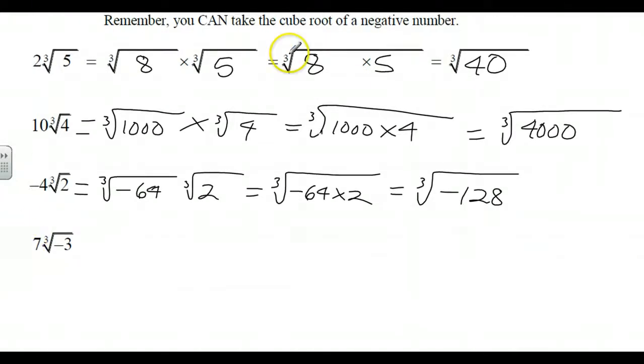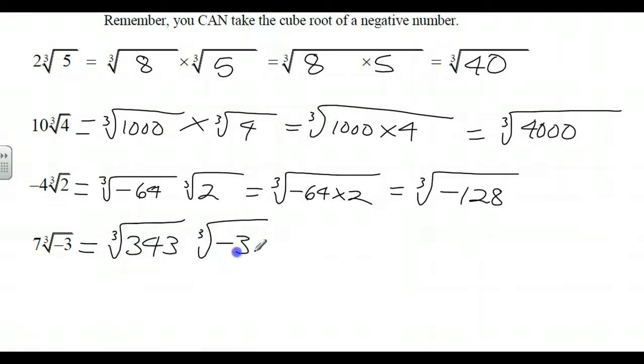Okay, 7, remember we saw that up top, is 343. A negative under there is fine because it's a cube. So 7 is the cube root of 7 cubed, which is 343, times the cube root of negative 3, which is equal to the cube root of 343 times, in brackets so I don't lose the negative, negative 3.